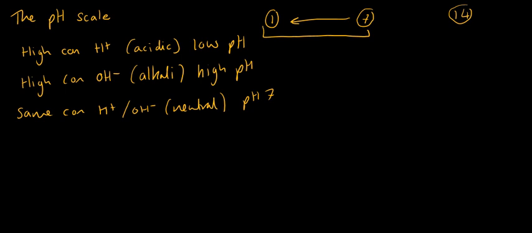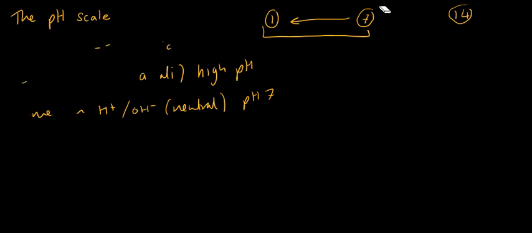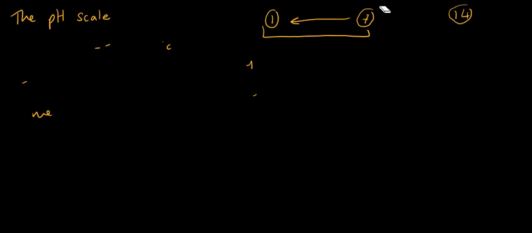So if we have a look, the higher the concentration of hydrogen ions, the more acidic and therefore the lower the pH. Let's have a look in a bit more detail about how this works. Just to note, this is a real oversimplification with inaccurate numbers, but we're just using easy numbers to make sense of this.